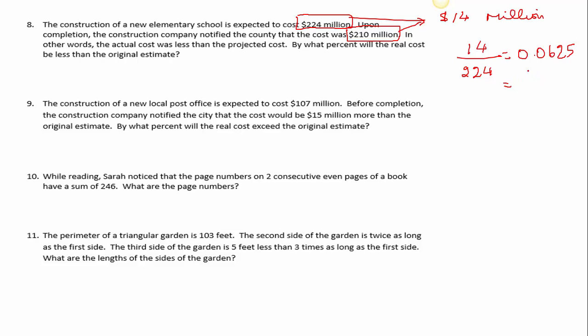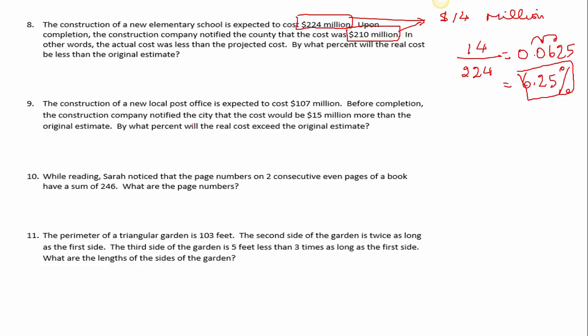To change it to percent notation, you multiply by 100 and move the decimal 2 digits to the right, and this would be 6.25%. And that's how we find the percent. So it will be 6.25% less than the original estimate.